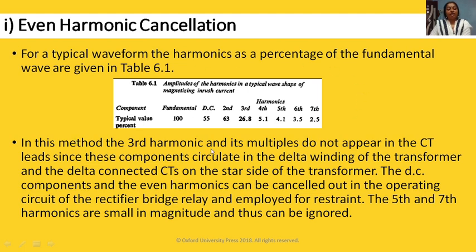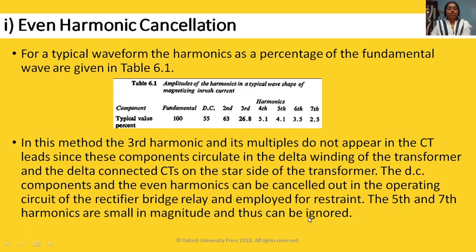In even harmonic cancellation, the third harmonic and its multiples do not appear in the CT lead, since this component circulates in the delta winding of the transformer and the delta connected CT on the star side of the transformer. The DC component and the even harmonics can be cancelled out in the operating circuit of the rectifier bridge and employed for the restraint relay.